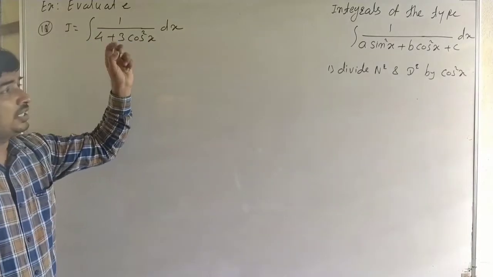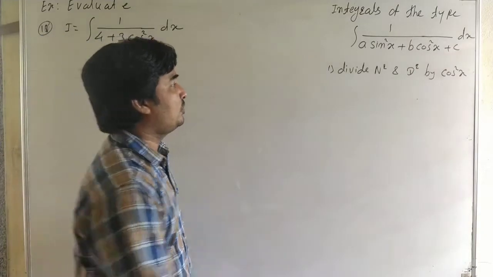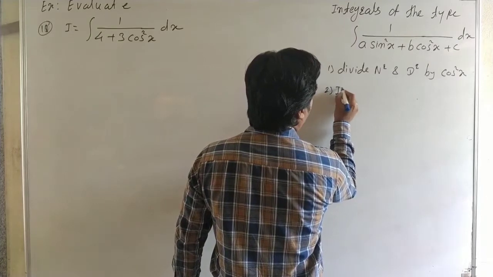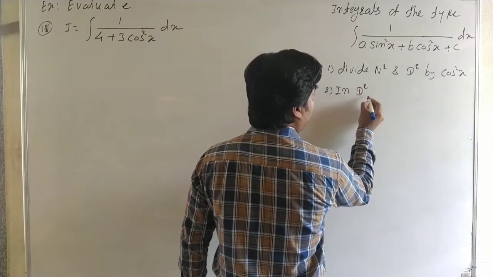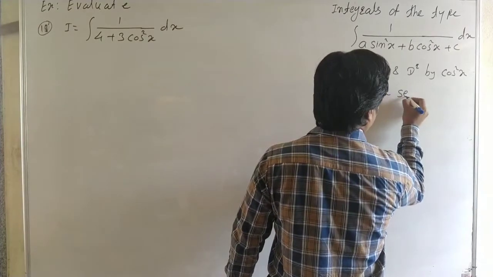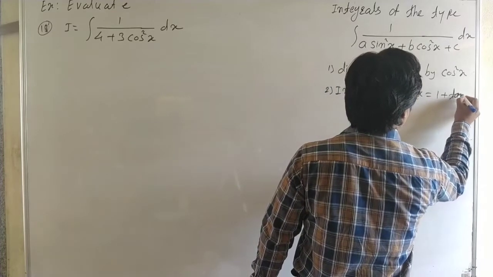Here the first step is to divide numerator and denominator by cos square x. Then the second step, only in the denominator, use sec square x is equal to 1 plus tan square x.